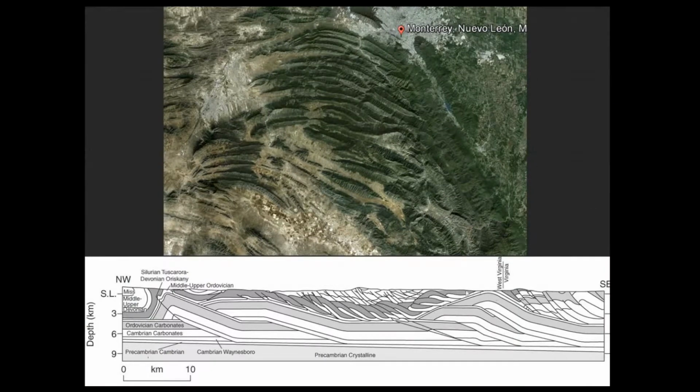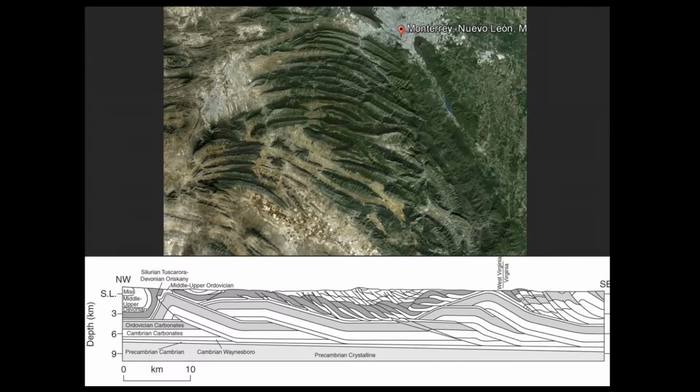Here's a cross section going across, so basically in kind of a north-south direction. And you can see this right in the middle of this cross section is the big thrust fold belt. Actually, my mistake. This is a cross section of a thrust fold belt, but it's not the same one.